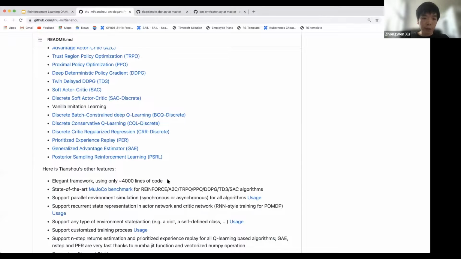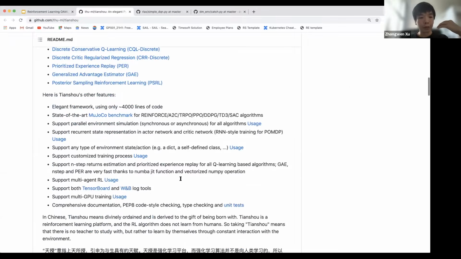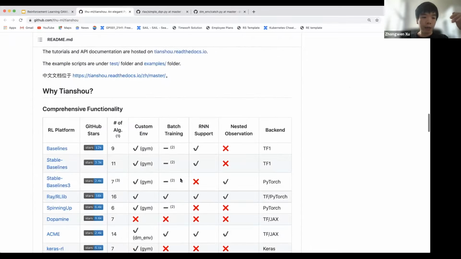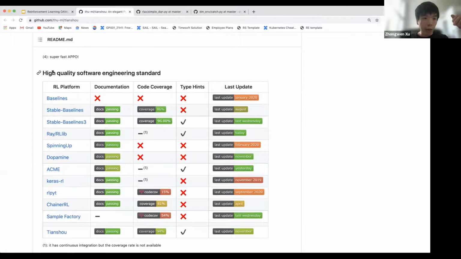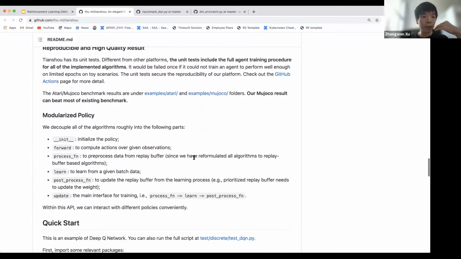And the code base is tiny. It's a very clean abstraction of the reinforcement learning implementation, allows high flexibility, and also keeps a high quality software engineering standard. You can learn a lot about machine learning engineering from this repo, hopefully.